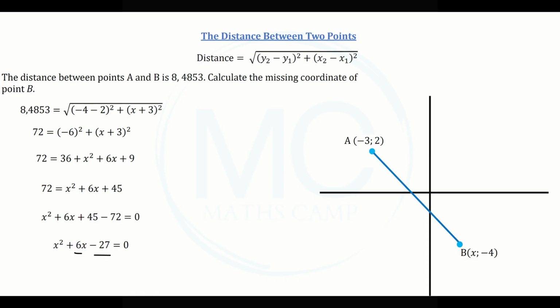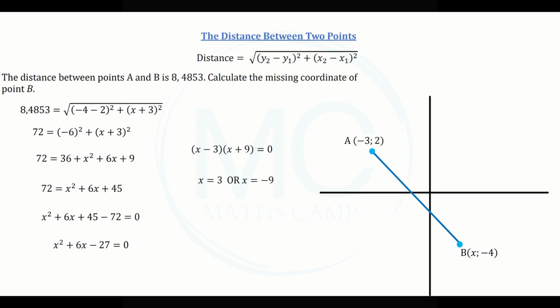So now we can open our brackets, and we can say x minus 3, and our second bracket, x plus 9, and now we can make this equal to 0. From this, we can see that x could be positive 3, or it could be negative 9. So we can say x could be equal to 3, or x could be equal to negative 9.